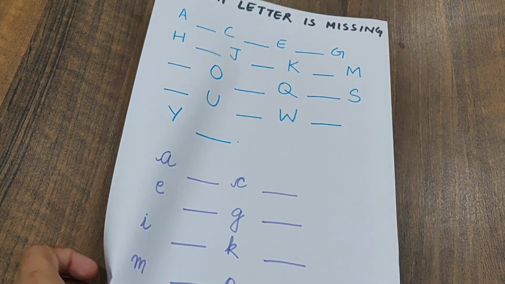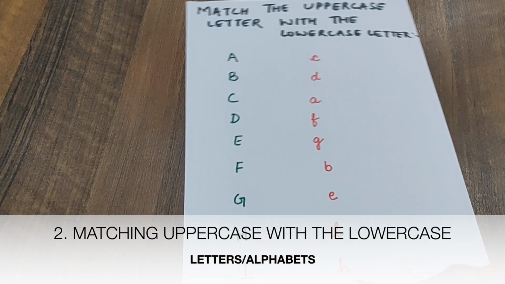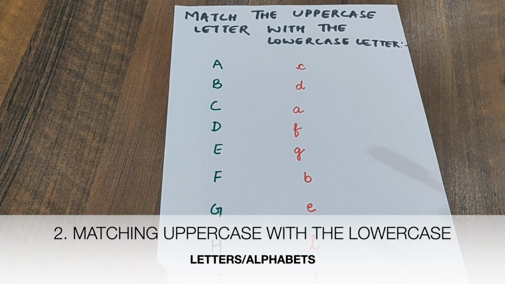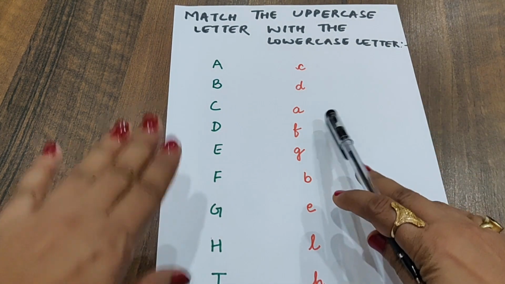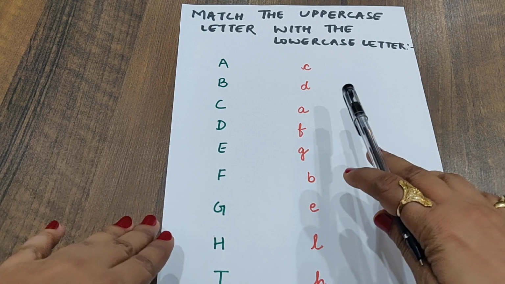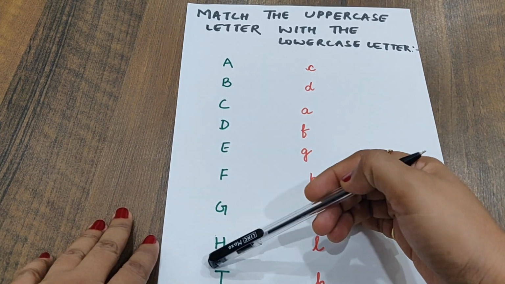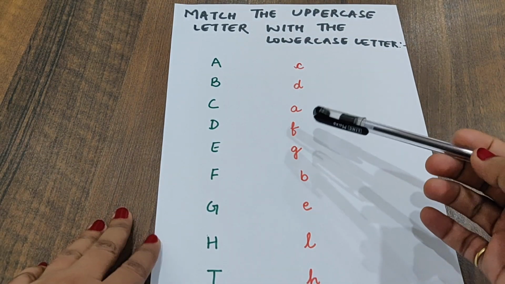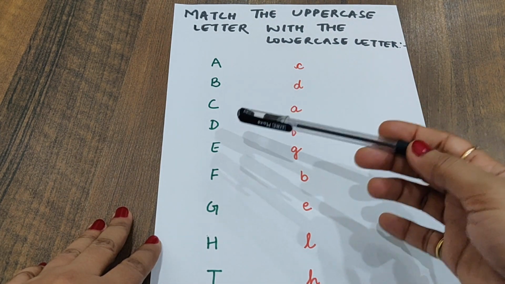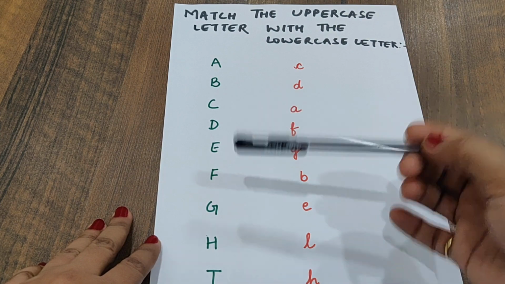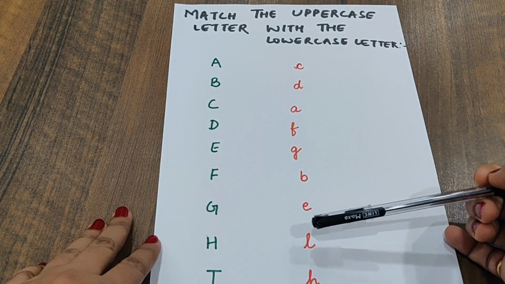Moving on towards the next worksheet is match the uppercase letter with the lowercase letter. So when I say that, it means that on one side I have written all the uppercase letters as you can see, and on the other hand I have written all the lowercase letters. So the child has to figure out the uppercase and the lowercase same or similar letter and has to match the same.